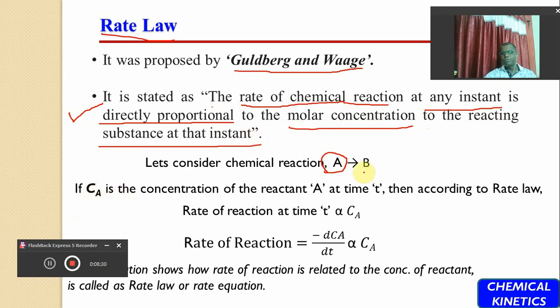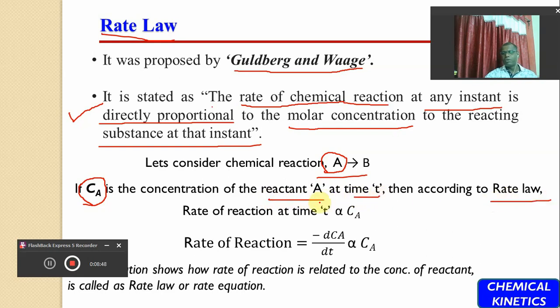Suppose we consider a simple chemical reaction in which A is the reactant, and it gives the product B. Suppose C_A is the concentration of the reactant A at time t.